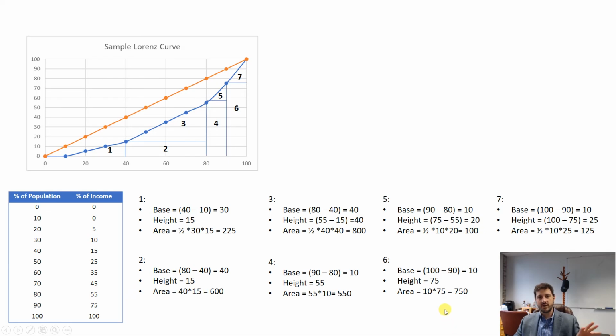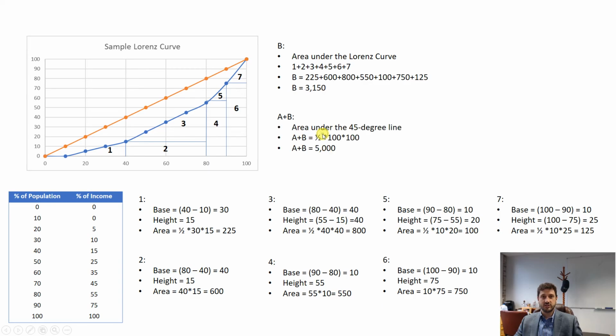All right, so we've broken up the area that we called B into 7 different triangles and rectangles. So we can find the area under the Lorenz curve. That's just 1 plus 2 plus 3 plus 4 plus 5 plus 6 plus 7. We add all that up, we get 3,150. Now we can also calculate the area of A plus B, which is the area under the 45-degree line. That's just a triangle, and the base and the height are both 100.